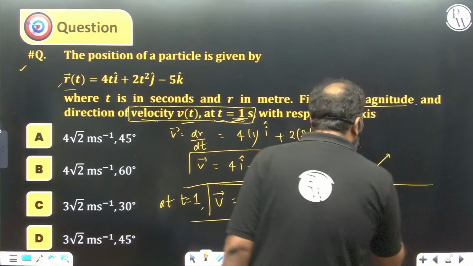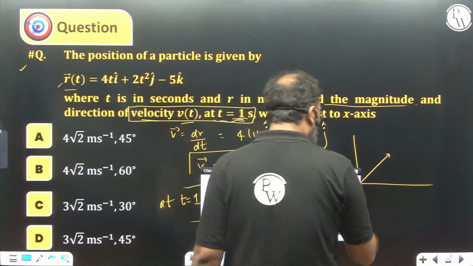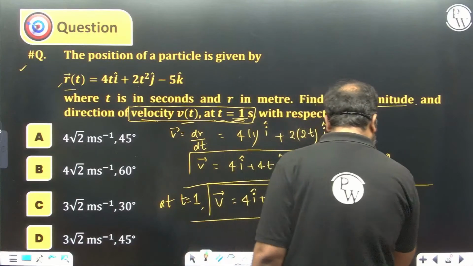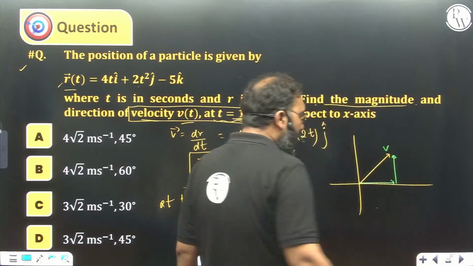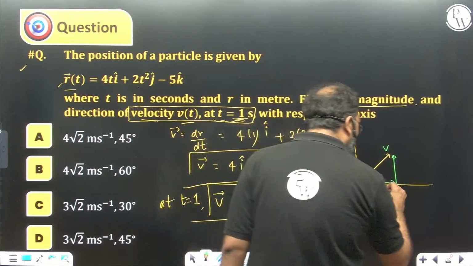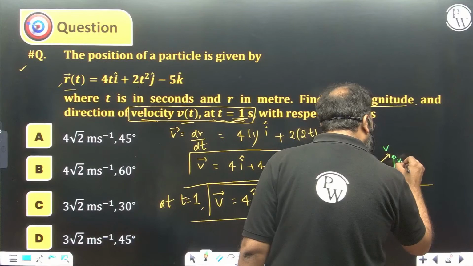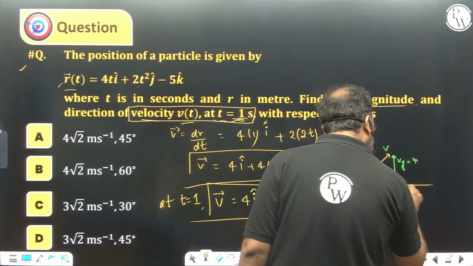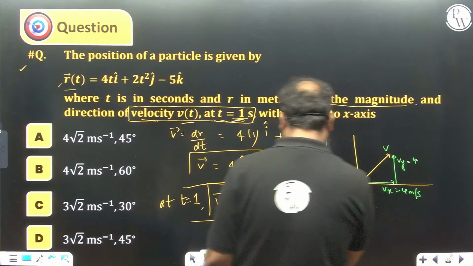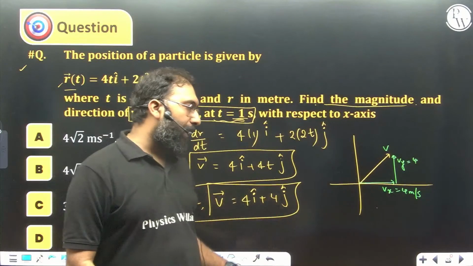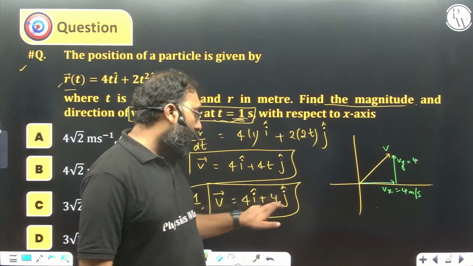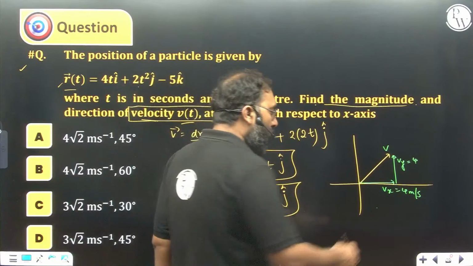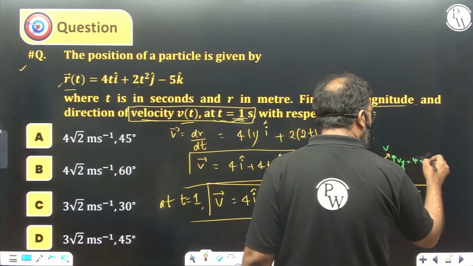It has two components, so I'll use a different pen color to show that. This is the velocity vector, and it has two components, vx and vy. This is also 4 and this is also 4. This is the meaning of this statement. It is 4 i cap plus 4 j cap, right? The magnitude along the x direction is 4, and the magnitude along the j direction is also 4. So this is 4, this is 4 meter per second.